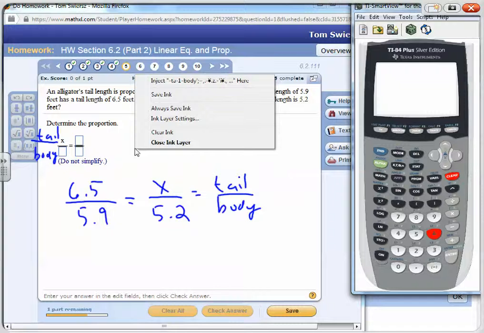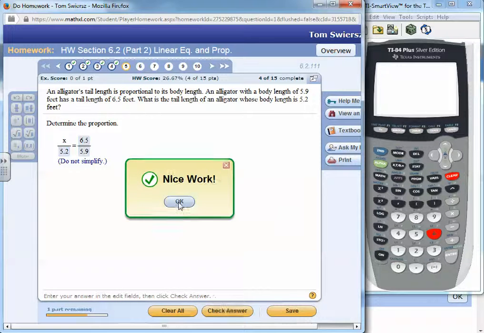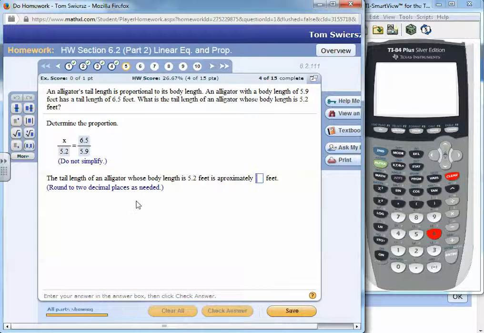All right, so if we put that in, x over 5.2, what's the tail length? Tail length is 6.5, and the body is in the denominator, 5.9. And then we solve this proportion by cross multiplying.